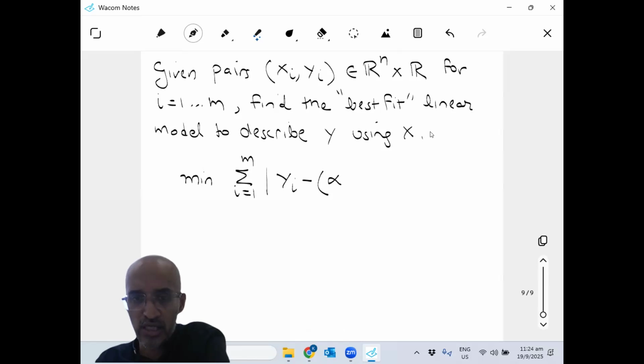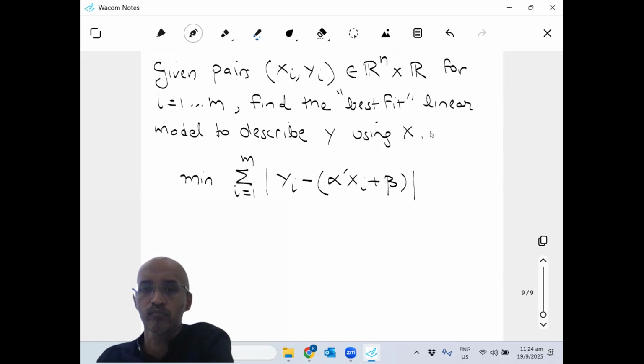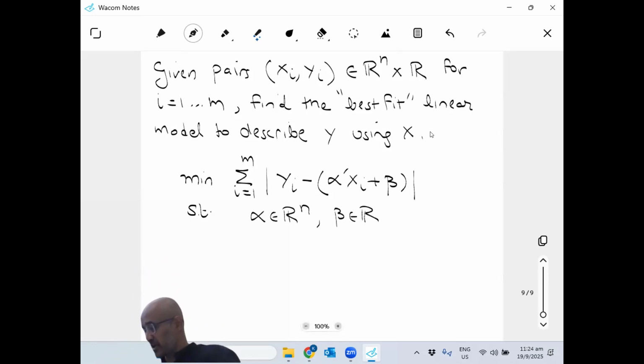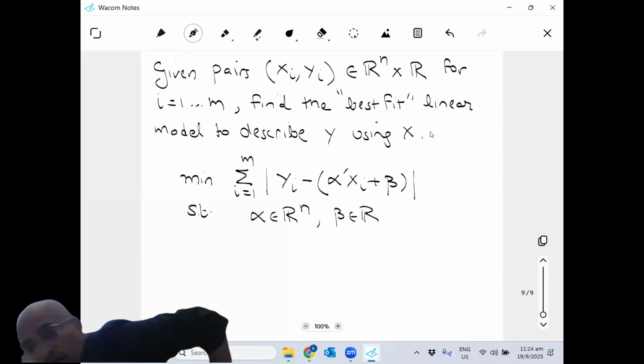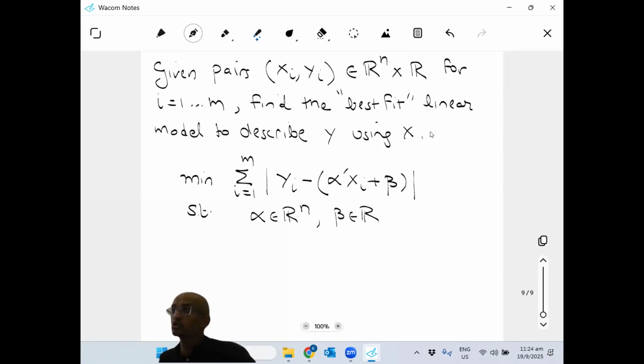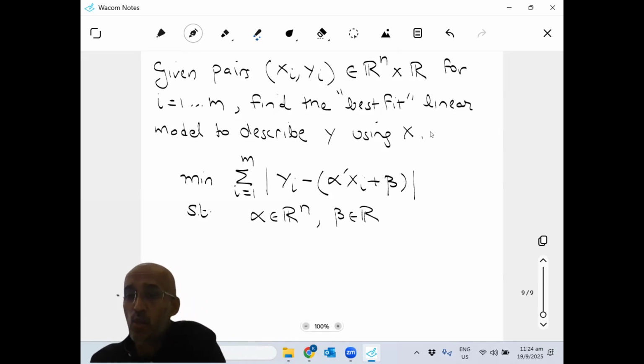So I'm going to take a linear predictor, subject to alpha being in Rn and beta being in R. So beta is my intercept or my constant term, and alpha is the importance given to each component of the x vector. So this is a least absolute deviation fit.